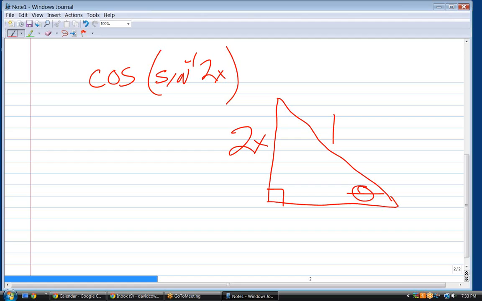Use the Pythagorean theorem. So do the square root of 1 squared minus 2x squared. That's the dimension of that third side. Now, what's the cosine? Remember, this is theta. So what's the cosine of theta?